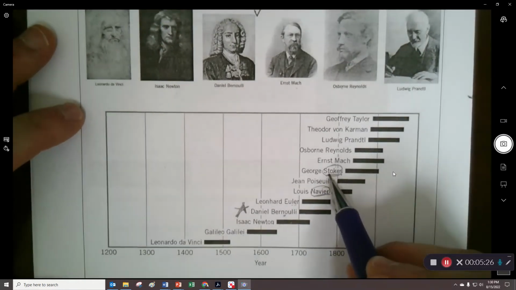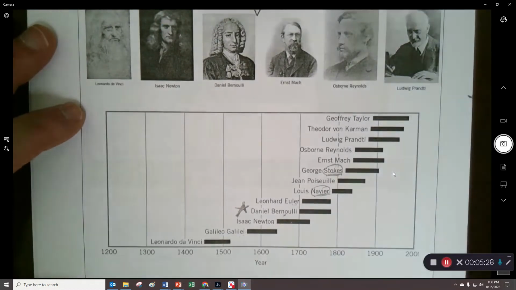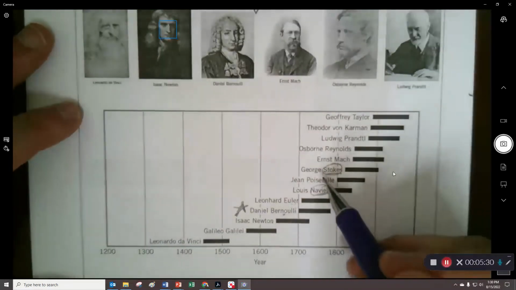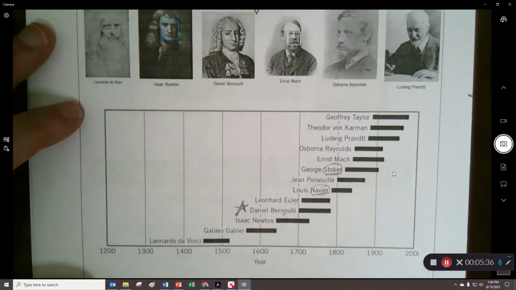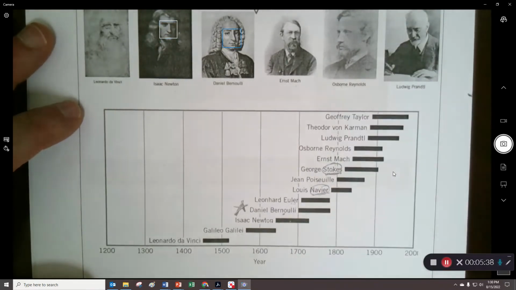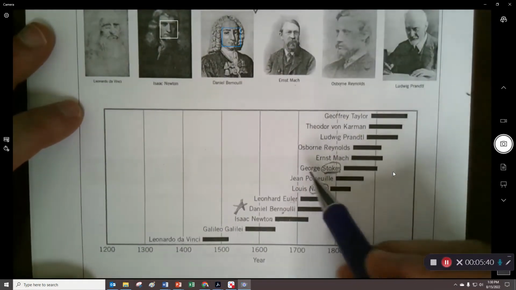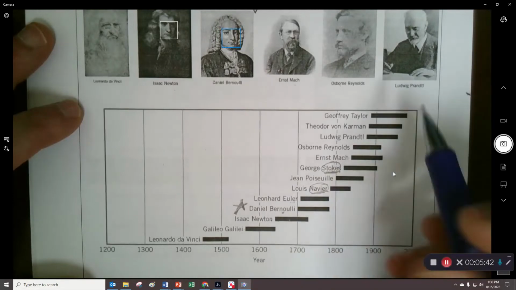We can solve certain conditions for the Navier-Stokes equations, but we can't generalize and find a general solution for it. And there's some kind of prize if you can find a closed form mathematical solution to the Navier-Stokes equation.